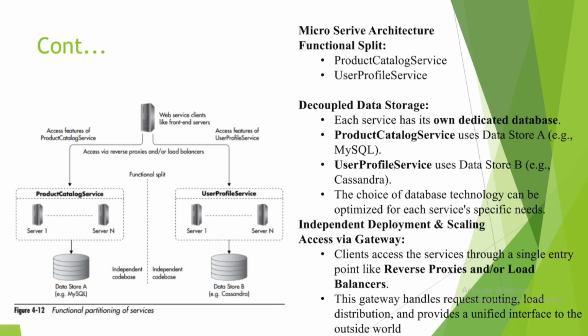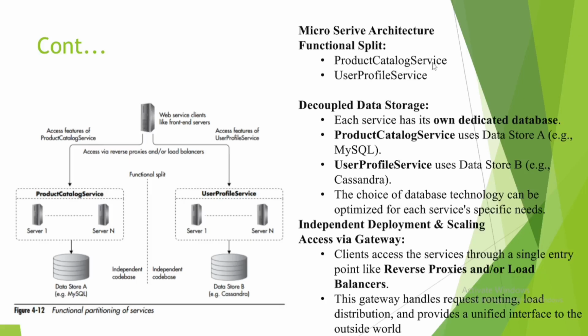Now let's move on to the details about functional partitioning. It happens through a functional split. When there are multiple functions in a single task, they are divided based on their operations. Here, the main server is divided into a product catalog service and a user profile service.